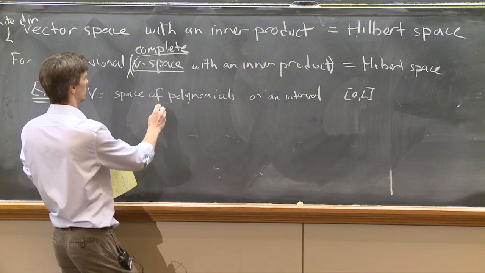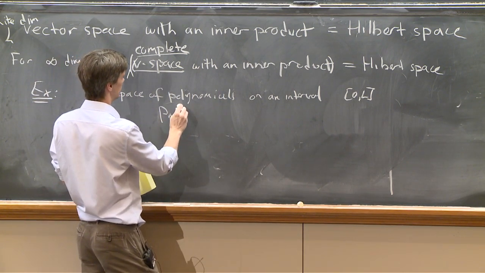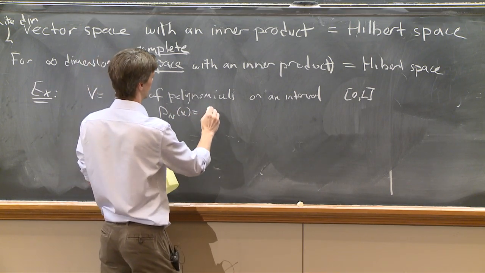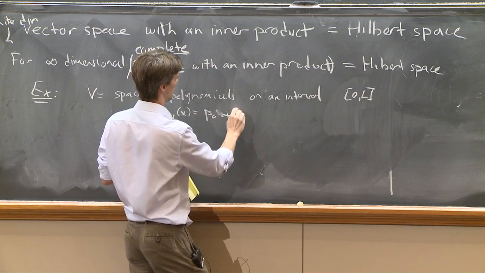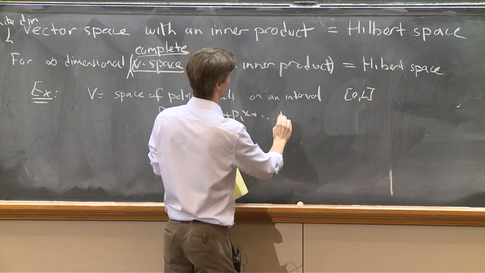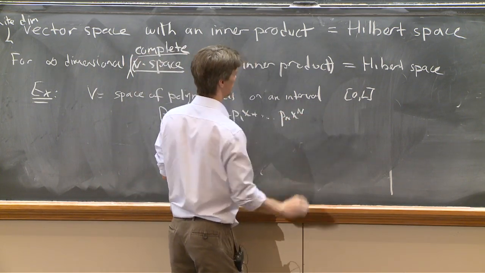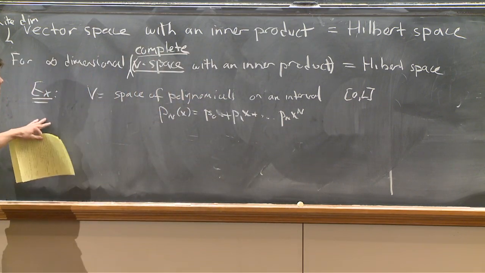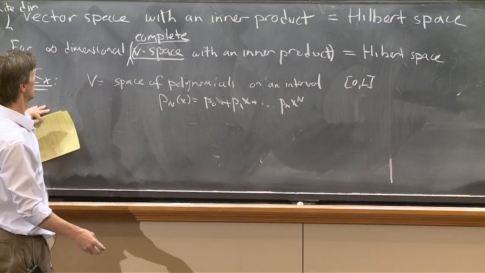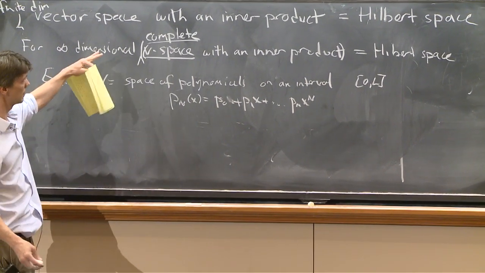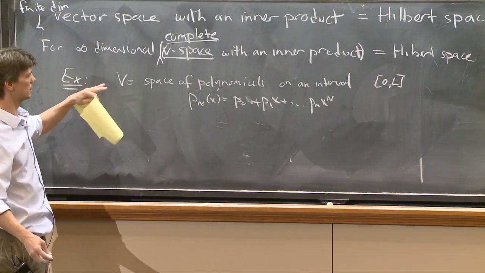So this means I've got all Pn's, which is P0 plus P1x plus up to Pn x^n.